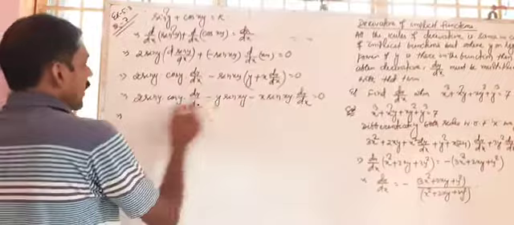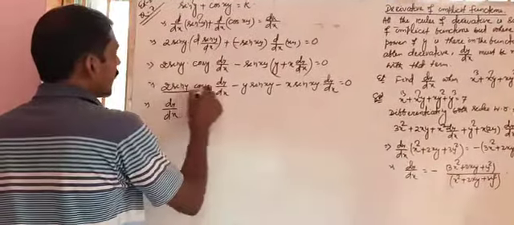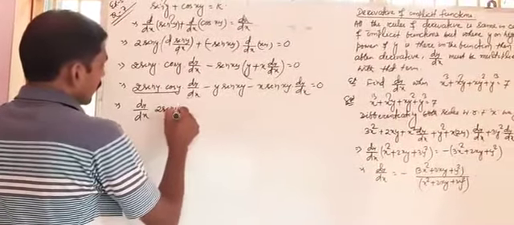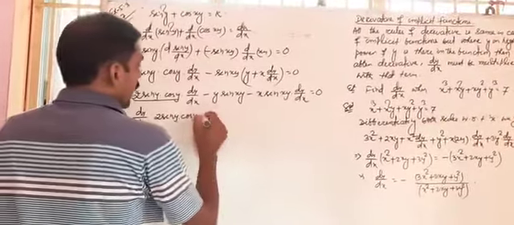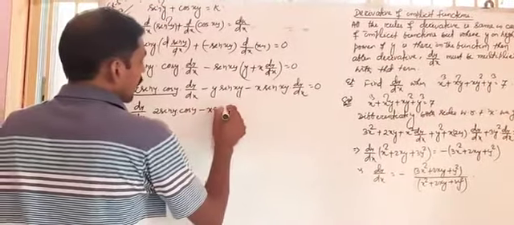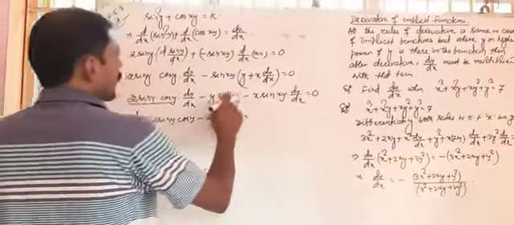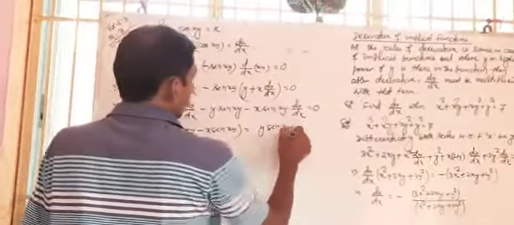Now taking dy by dx common, 2 sin y cos y minus x sin xy equals, taking this to the right hand side, y sin xy.